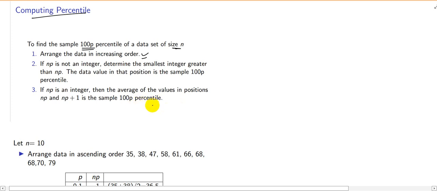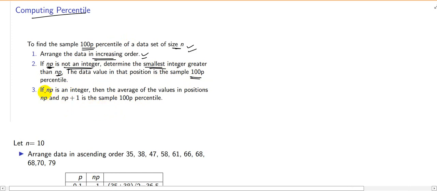So let's start. Arrange the data in increasing order. The first thing you need to do, as we did for the median: if np is not an integer, where the size is n and p denotes the kind of percentile you want, determine the smallest integer greater than np. The data value in that position is the sample 100p percentile.